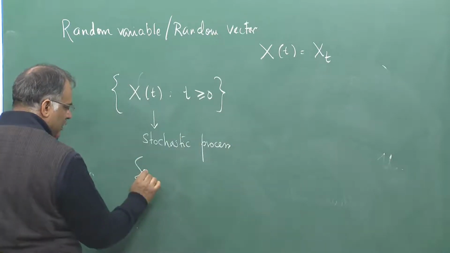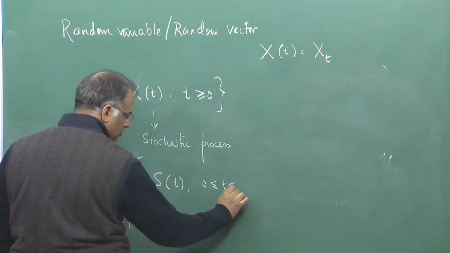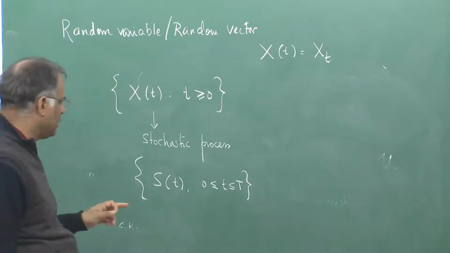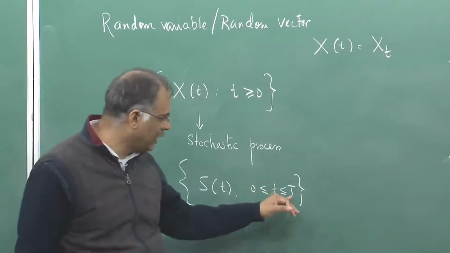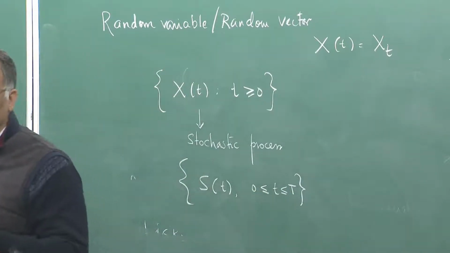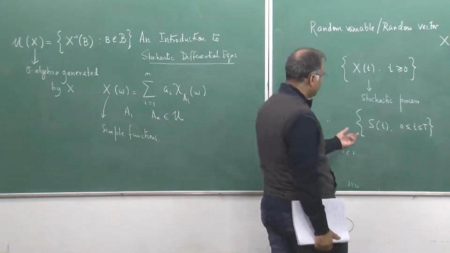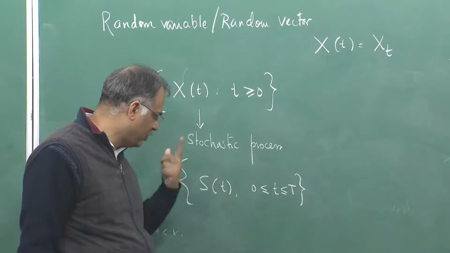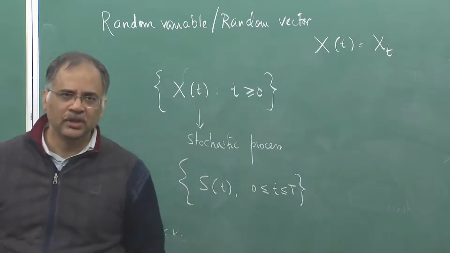For example, if you look at this stochastic process, where St is the price of a given stock, where 0 is the starting time where you know what St is at this current moment, and capital T is the time when your trading is over with that particular object, and St denotes the unit price of one single share of a company between this period.